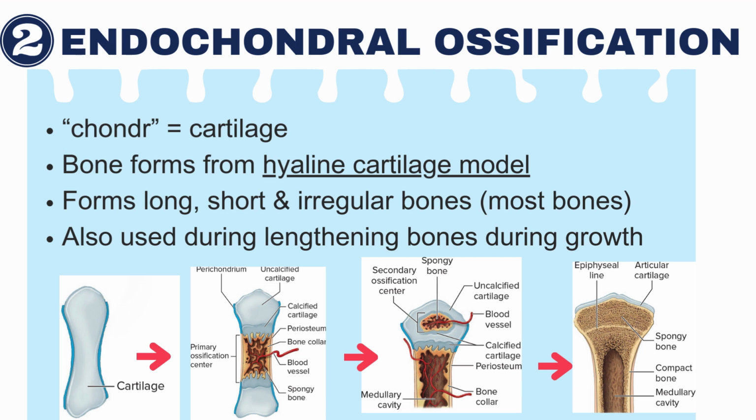Most of our bones are formed using endochondral ossification. Endochondral ossification is important for bone growth in length because cartilage in the epiphyseal plate continues dividing and serving as a template for new bone until adulthood.